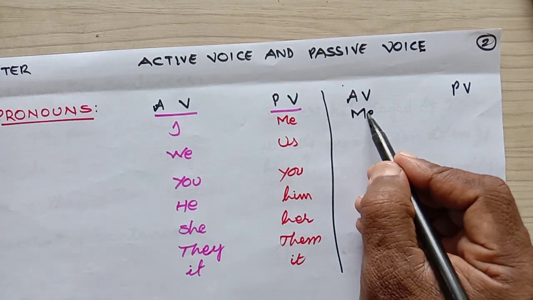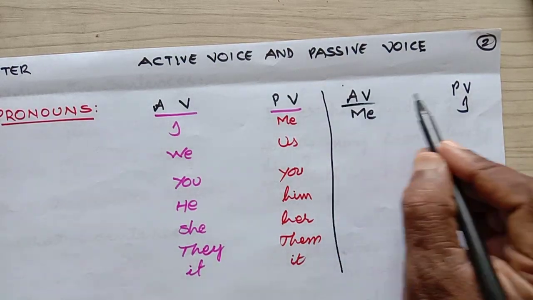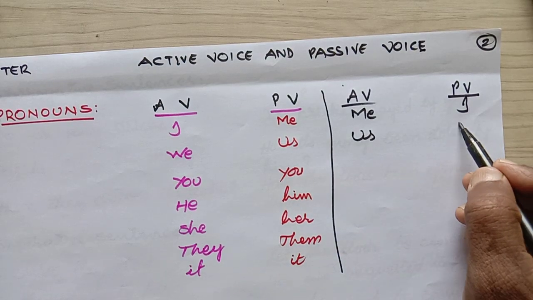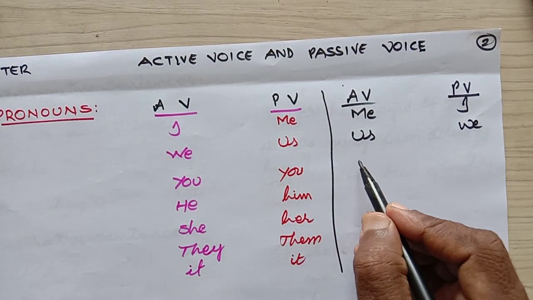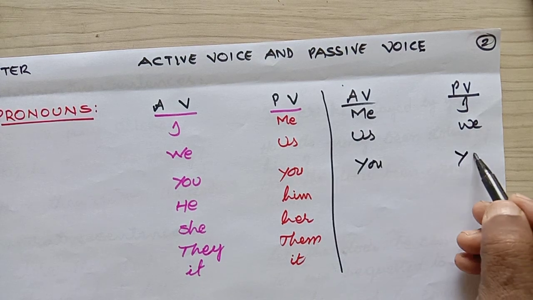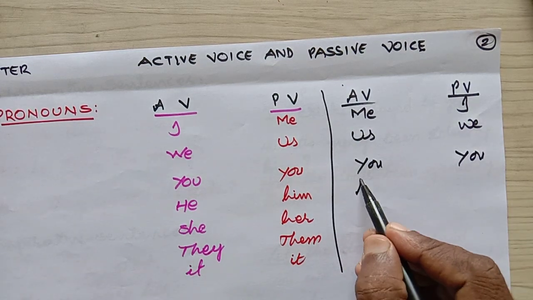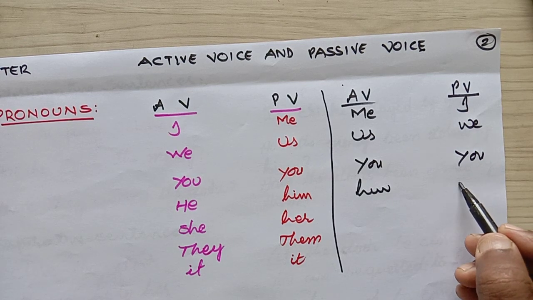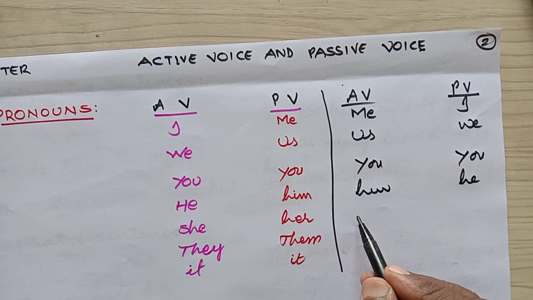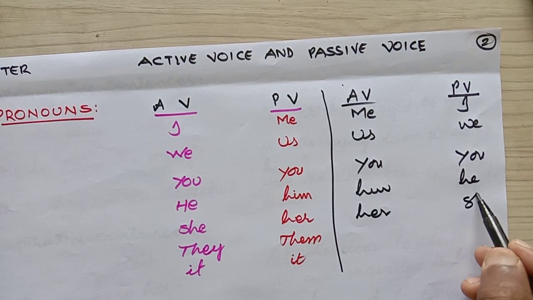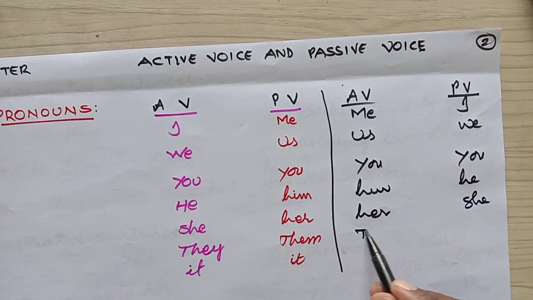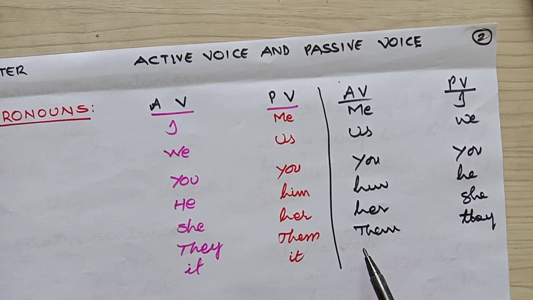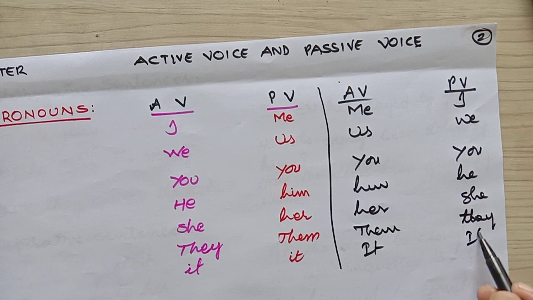Here us, we; here you, it remains the same; him, he; her, she; them, they; it remains the same as it.